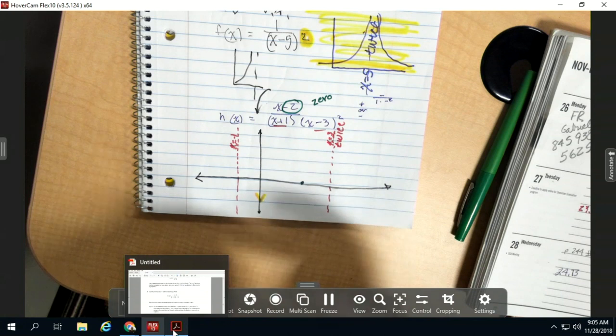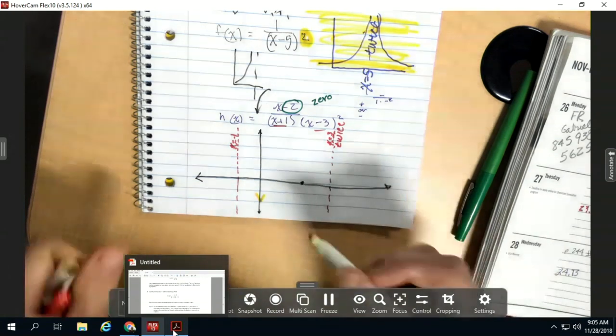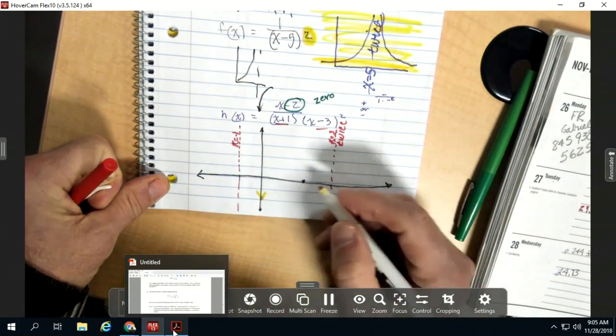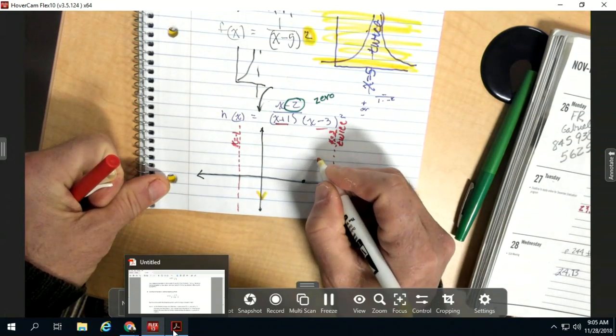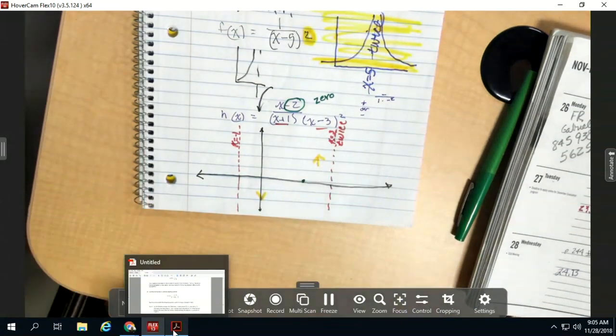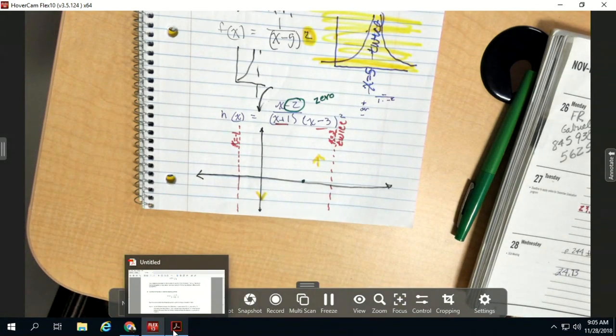If that is true, what's going to happen at this point right here? After that, it's going to be above, correct? Think about it. We cross the river at 2. We're below the river here, so after we cross, we must be above the river. Make sense? Okay.